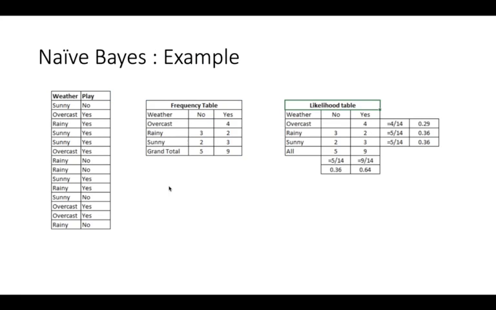So for an example of naive Bayes, the problem here is whether to play or not. Let it be a tennis game or maybe something indoors. When it is too sunny, maybe no. So there's some data, and you convert it into a frequency table.